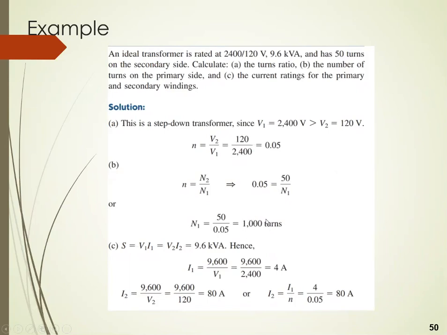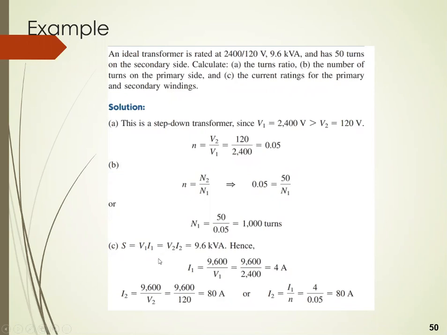The last thing we're going to find is the currents on the primary and secondary. They give us another useful piece of information, the complex power, 9.6 kVA.